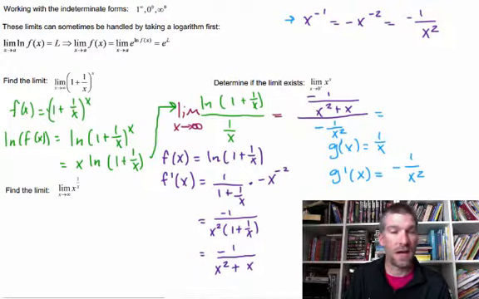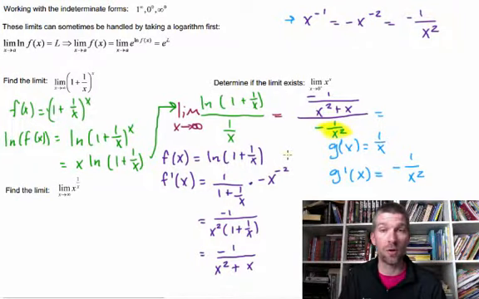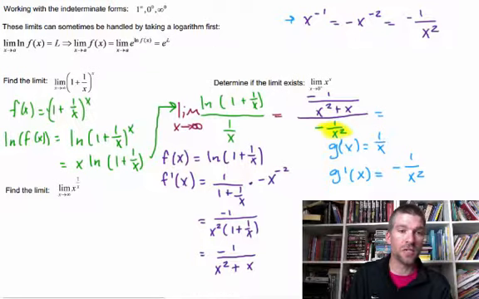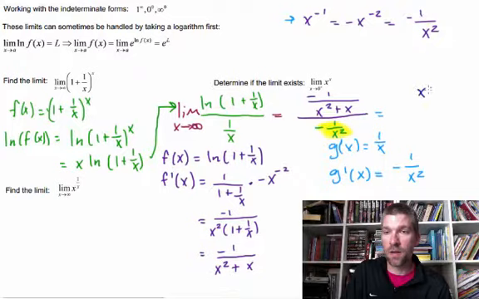But if I have something in the denominator, I can multiply by the reciprocal of that. And so my actual problem is going to be negative x squared over 1. Well, we don't want that guy. We want x squared over 1 times x squared plus x.